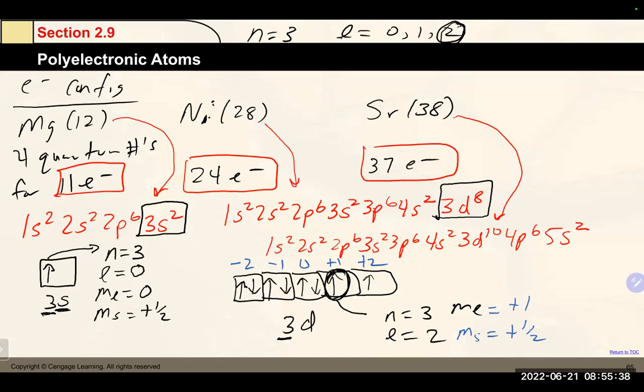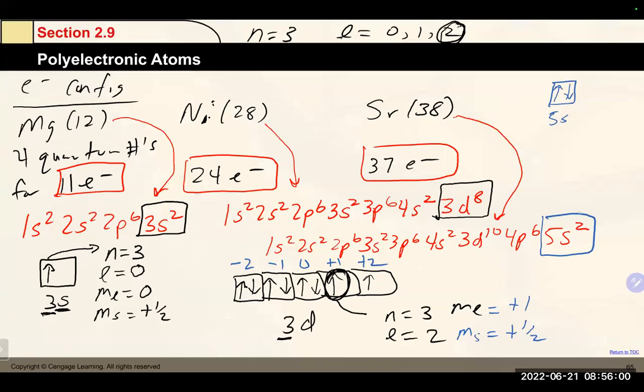Lastly here, we're going to do the same thing for our 37th electron that went into this last one. It should end up in this orbital here, which is an s orbital. That means we would have our 5s orbital. The first electron would go in, the second electron would go down.